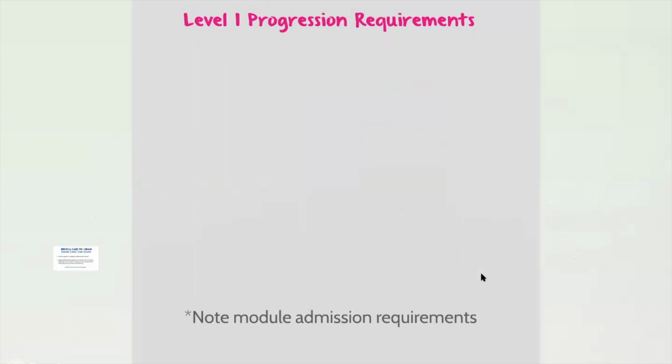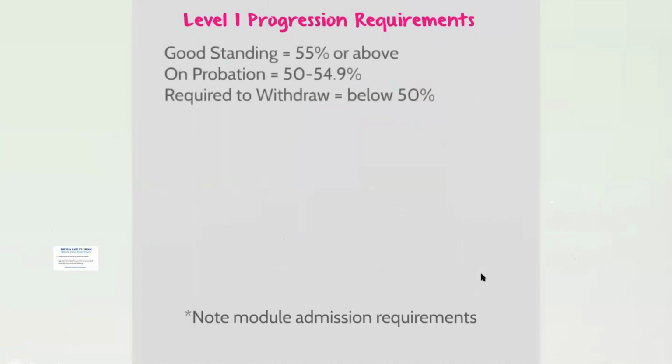So quickly noting about our progression requirements at the university. We have different progression requirements for level 1 students, so students coming directly into first year and then moving into second year. Those first year requirements, after your first year cumulative average, we'd be looking for a 55% or above.